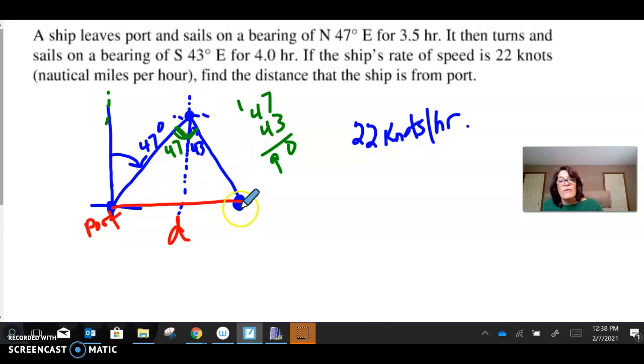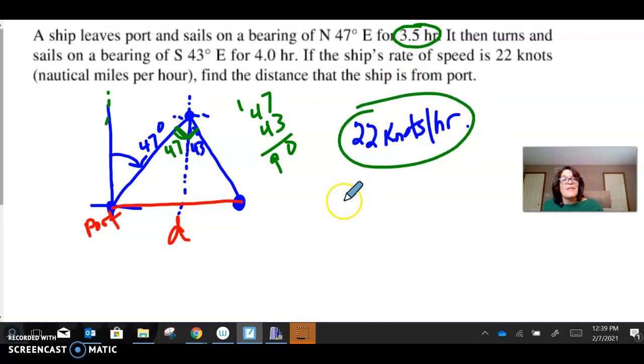So D is actually my hypotenuse. I do need to know how long these sides are, and that's where we can use what they gave us. Distance equals rate times time. If I'm going 22 knots per hour for 3.5 hours, I can figure out the distance.